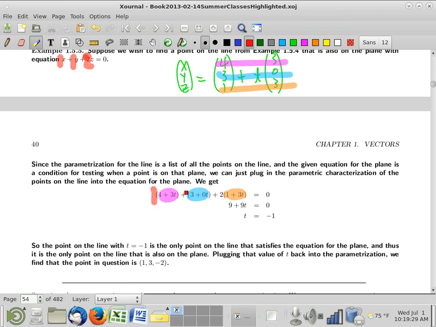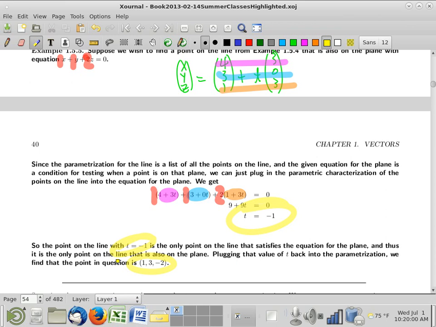So all I have done is take literally the points on the line, the points generated by the parameterization, plugged them into the equation, and then it's just a question of solving for t. And t ends up being, in this case, -1, and that -1 generates that particular point on the line, and that's the point on the line that's also on the plane. Everybody on board? Happy? Okay.